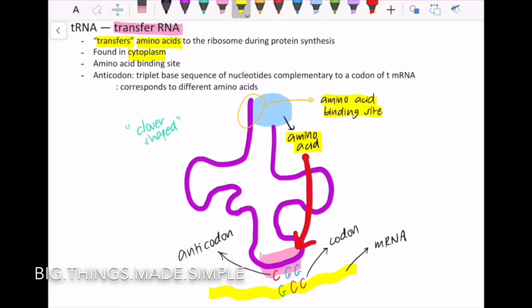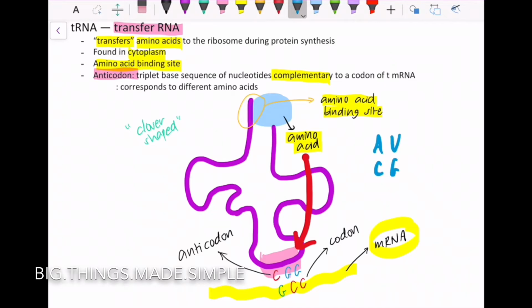The anticodon is a triplet sequence of nucleotides which is complementary to the mRNA strand. So if our mRNA strand has GCC, then according to complementary base pairing, with A pairing with U and C pairing with G, the anticodon that corresponds to GCC on an mRNA strand would be CGG.